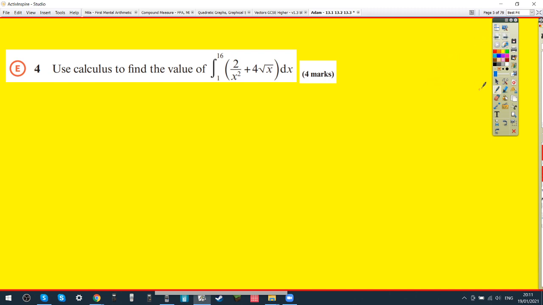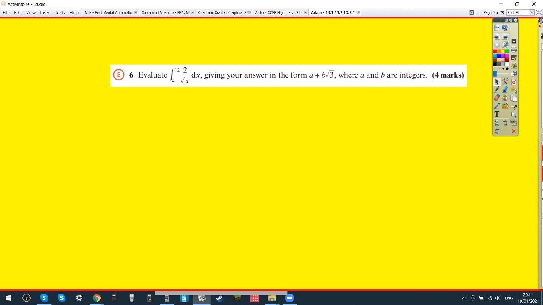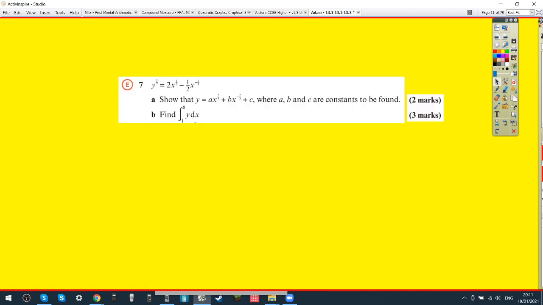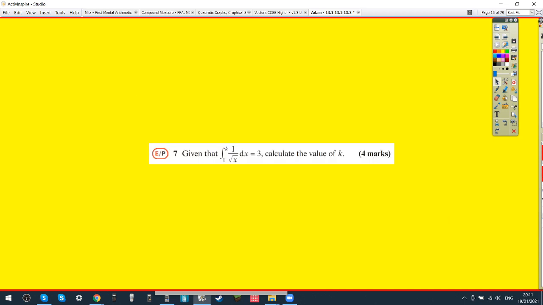Let's see. Okay, so this is what an exam question looks like. Let me just see something for a second. Oh, they all look like this. Let me see. They all look like that. And then they get a bit harder.